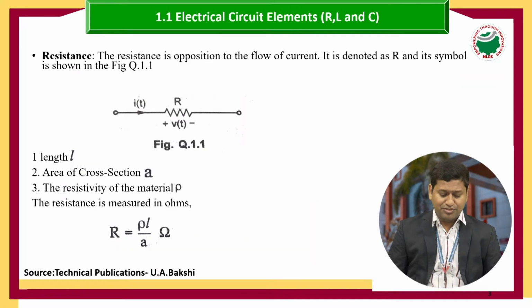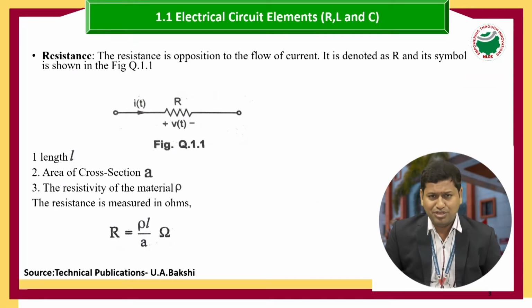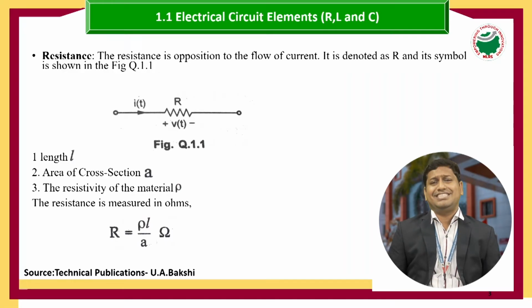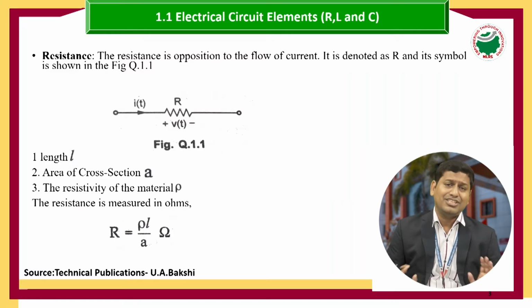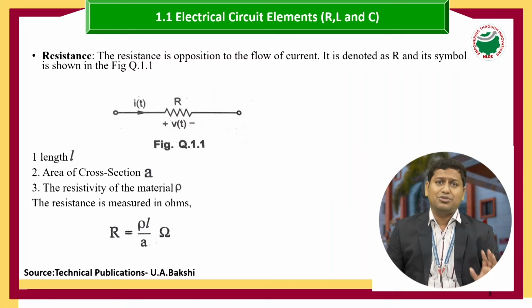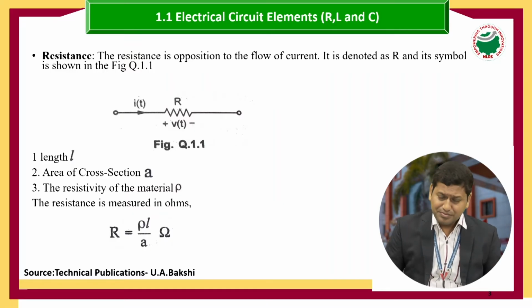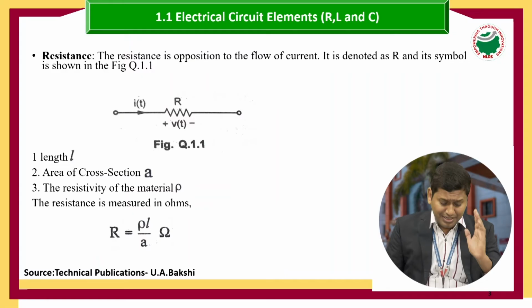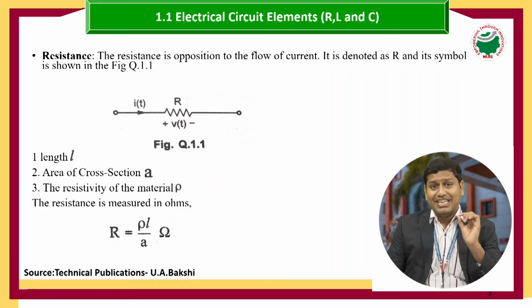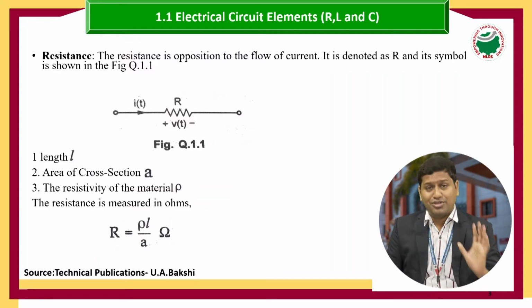In this context, first we are going for the resistance. First of all, the word resistance. What is resistance? If someone is talking about resistance, it means it is stopping something. In electrical engineering also, we see those kinds of things that we call electrical resistance. Electrical resistance is that which opposes the flow of current.